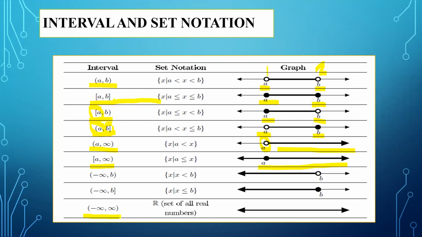The set of real numbers can be written as negative infinity to positive infinity. This is the set of all real numbers. So in a graph or on a real number line, it is from negative infinity to positive infinity.